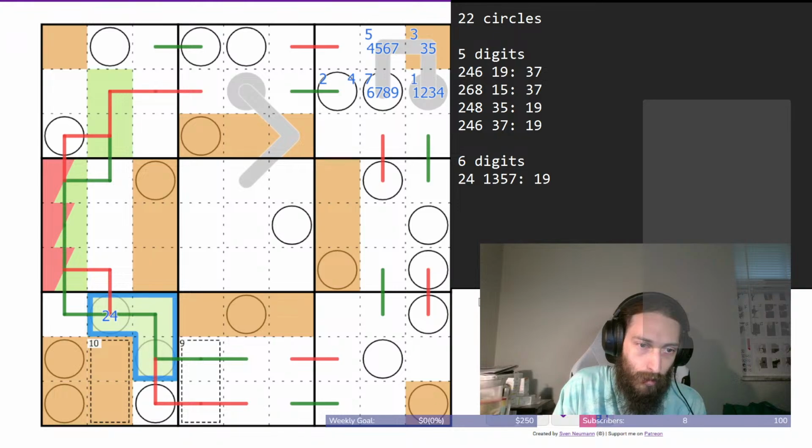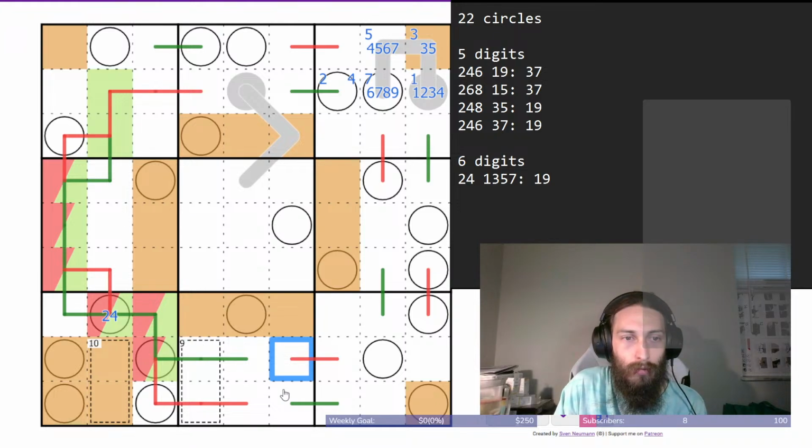I guess I should make these red and green, maybe using the line tools. Maybe use different colors for the line tools, because if you have green, as we know, this has to be even. Well, the thing is, I can't put the paths over each other. So, if I draw a blue line and then I try to draw a red line next to it, it overwrites. You could do purple. Oh, that would make sense.